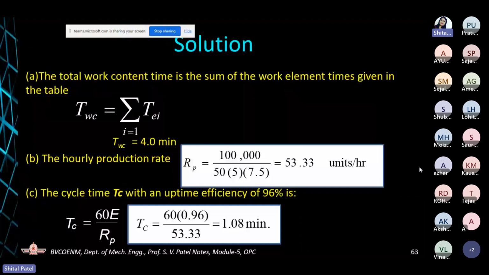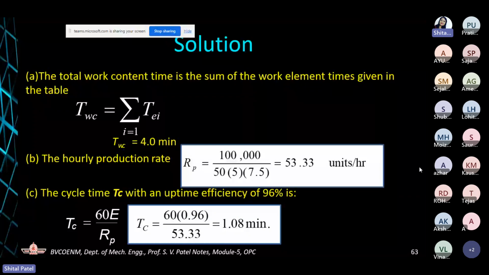Cycle time you need to find out. Without cycle time, it is not possible to go ahead with any of the methods. So the heuristic method you need to do by default.